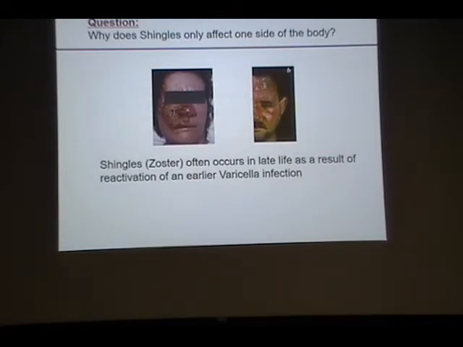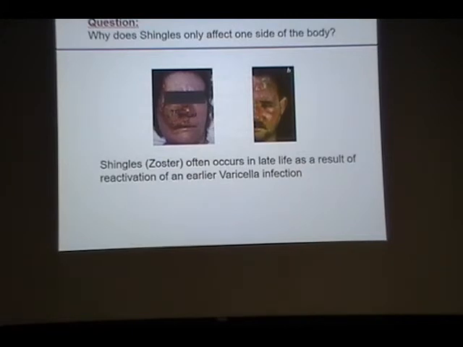This has something to do with the structure of your nervous system. You have two hemispheres in your brain, right? Your right hemisphere is connected to the left side of your body, and the left hemisphere of your brain is connected to the right side. So the reactivation really occurs locally, somewhere in your brain, right?